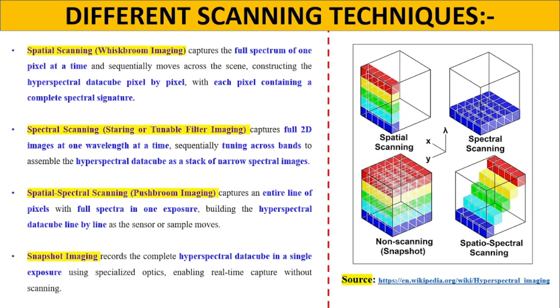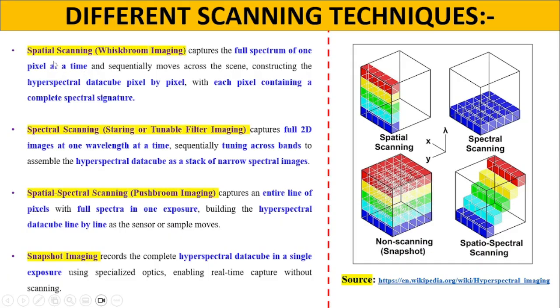First of all, for hyperspectral imaging, we have four different scanning systems. One is called spatial scanning, then we have spectral scanning, then spatiospectral scanning, and snapshot imaging. This is called the lambda, which is basically your spectral resolution.